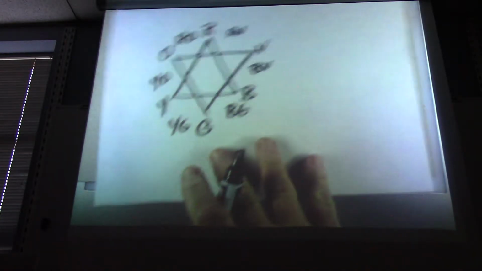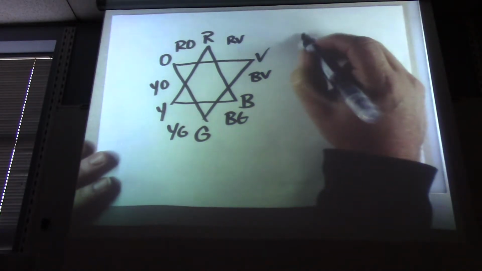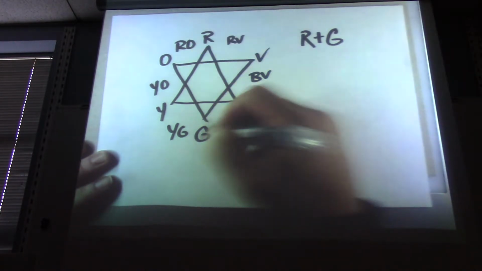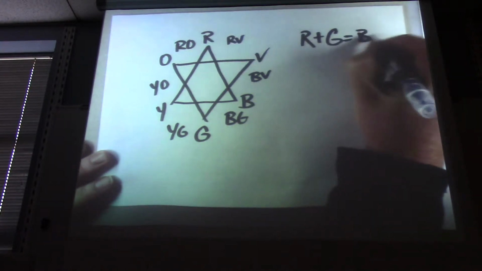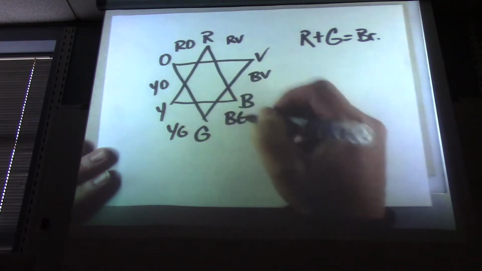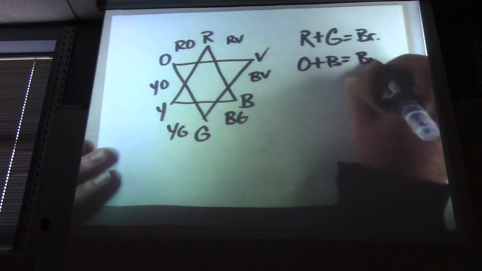Okay. Now here's the reason for the color wheel. Not all colors get along. So if I were to mix red plus green, they're opposites on the color wheel. We're going to get a brown, mucky mess. If I were to mix orange and blue together, you're going to get a brown, mucky mess.